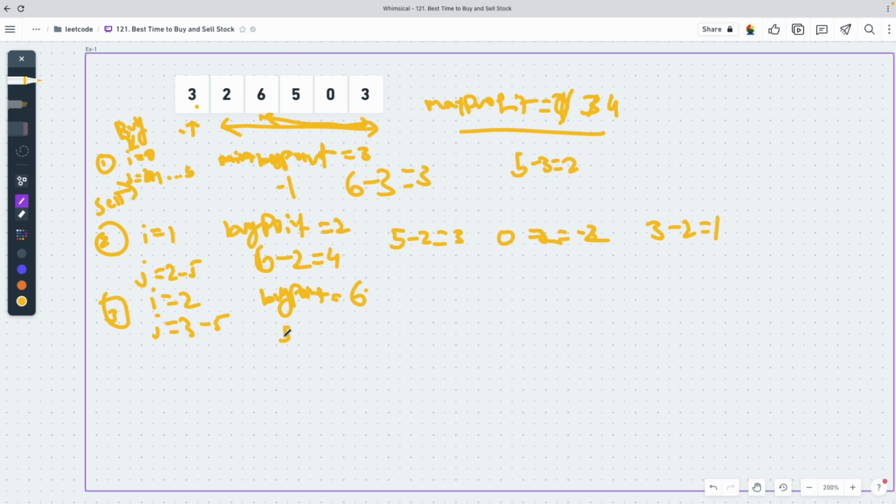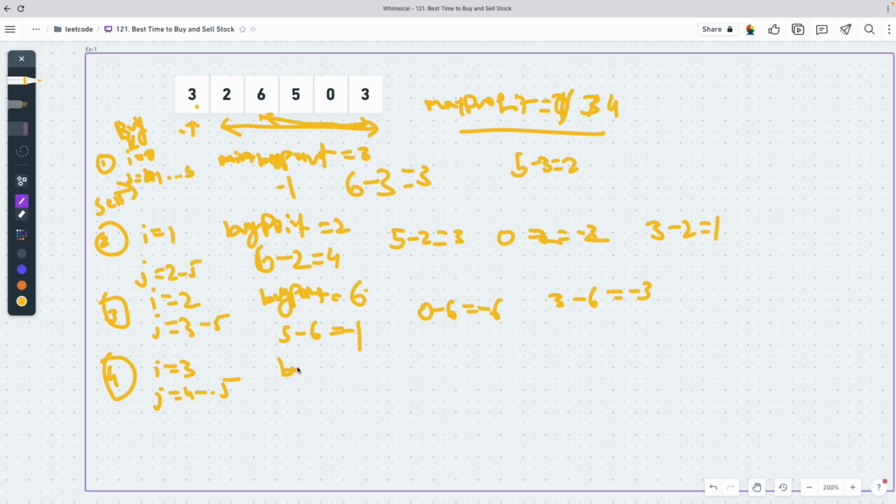So 5 minus 6, the profit would be minus 1, so no change. The next value would be 0 minus 6, which is minus 6, again no change. 3 minus 6, which is minus 3, again no change.